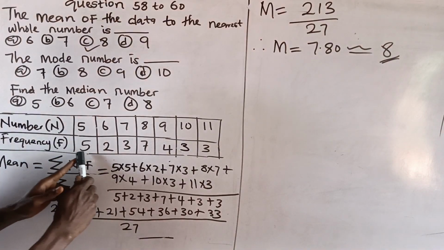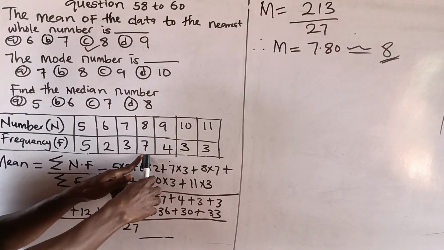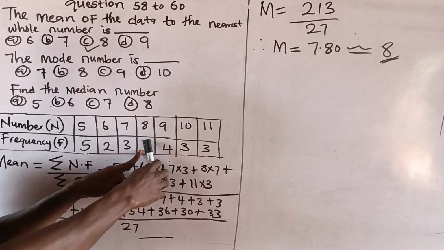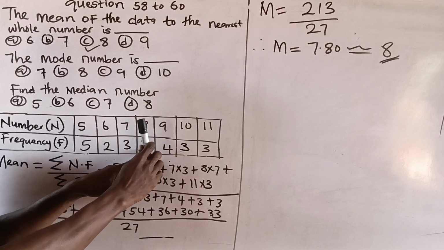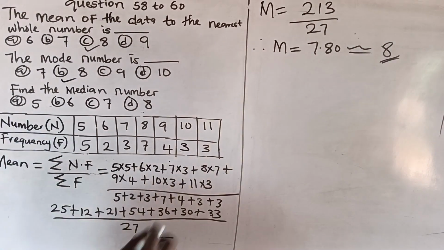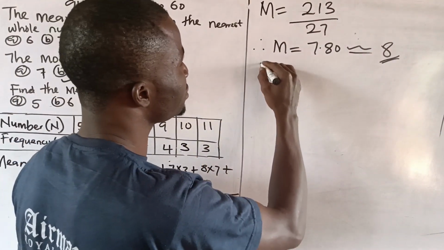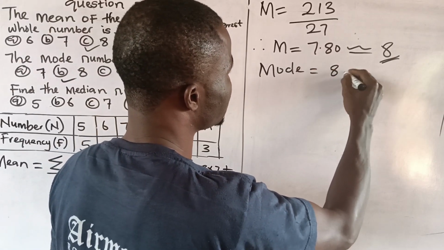If you check the frequency, you will notice that 7 is the highest frequent number. So you locate it to the number, which is 8. Therefore, 8 is the mode. Option B is the right answer. That is, mode is equal to 8.